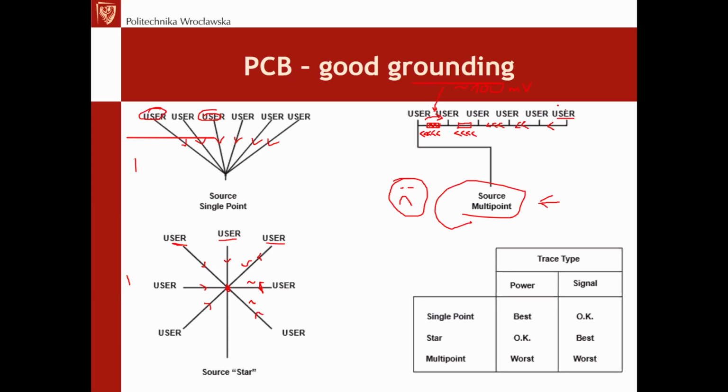Sometimes a circuit constructed against the multi-point connection scheme actually works, because sometimes 100 or 200 millivolts is much less than the signal amplitude or the power supply voltage value.